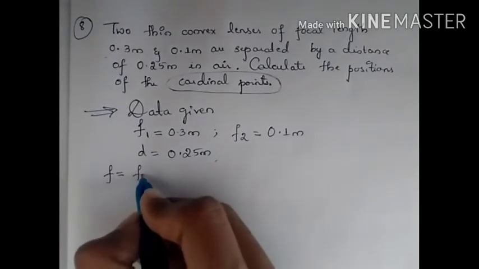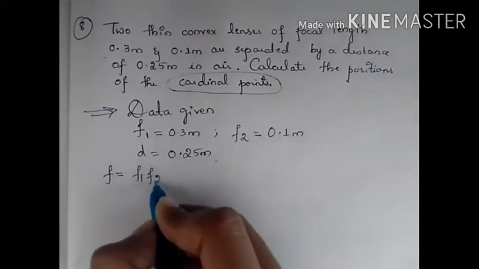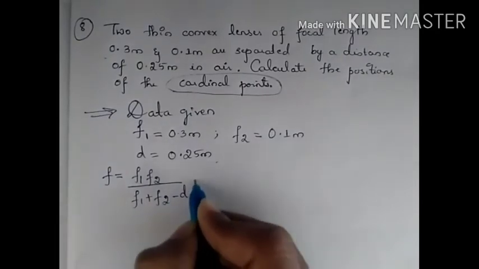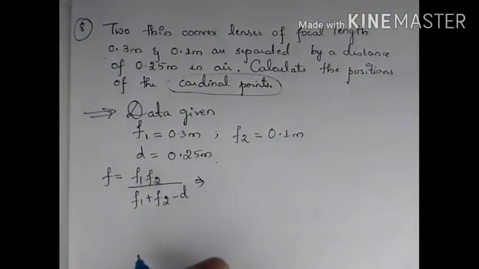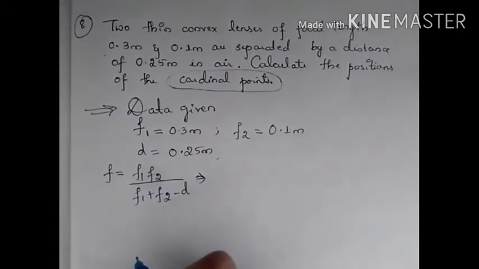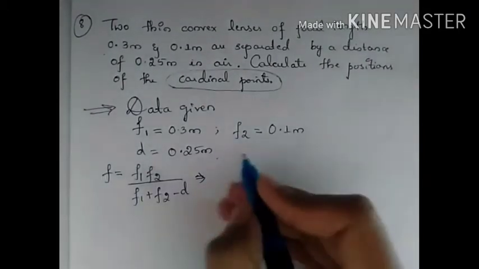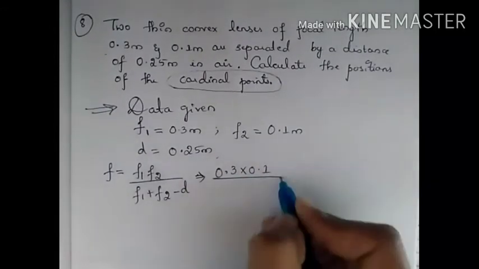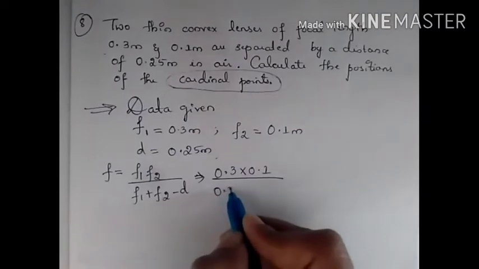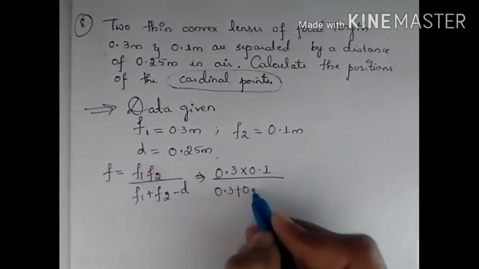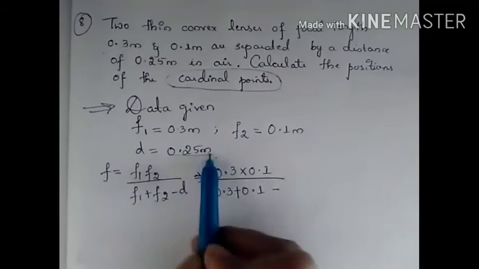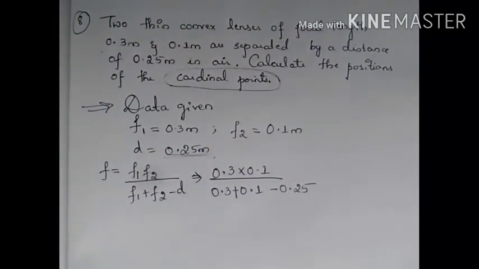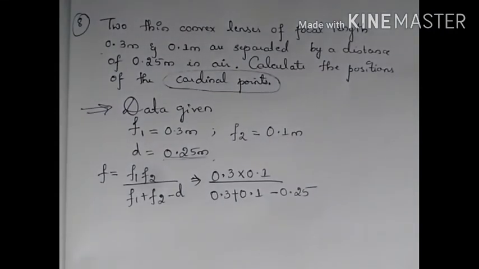So f is equal to f1 f2 divided by f1 plus f2 minus d. Substitute the values of f1 and f2. f1 is 0.3, f2 is 0.1, and this is divided by f1, 0.3, plus f2, 0.1, and minus 0.25 meters. The two lenses are separated by a distance of 0.25 meters.